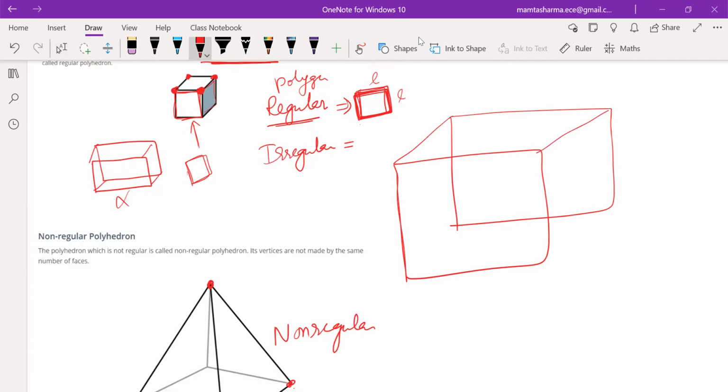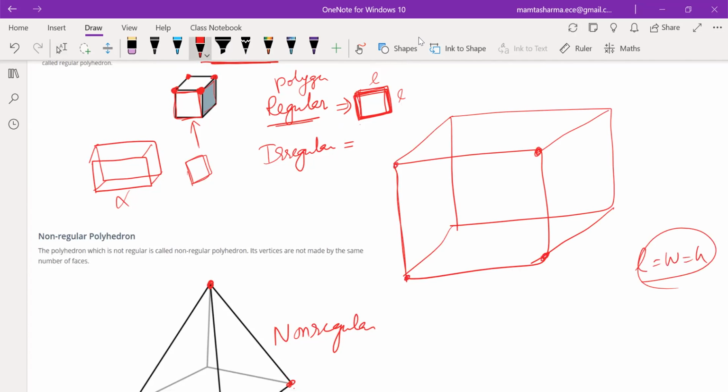If I ask you what is the length and width of this cube? Same. From its definition only, a cube is a structure having length, width, and height all equal.